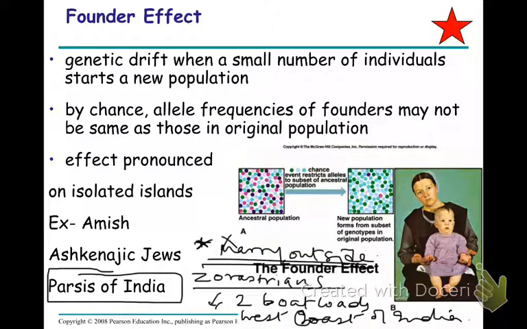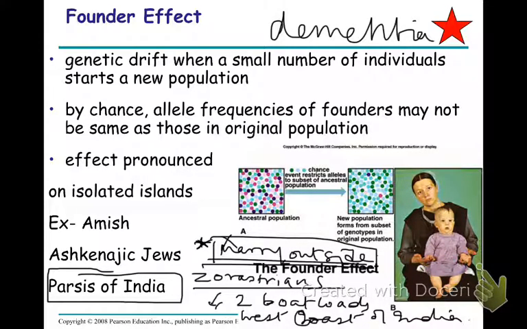Because they did not marry outside the community, a lot of recessive genes and deleterious genes stayed fixed, like for example dementia. This is also observed amongst the Amish, who do not marry outside the community, in which case certain qualities have become fixed. One example is polydactyly and depression.